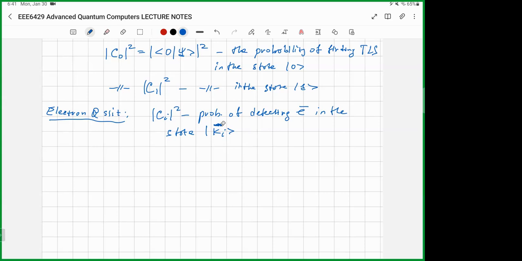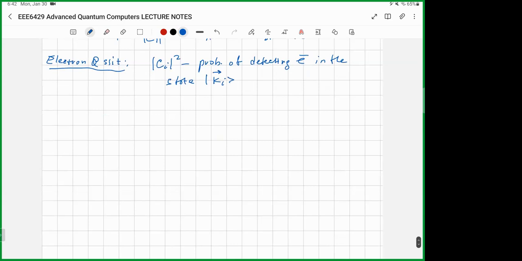So this Ki is a vector, wave vector, right? The wave vector contains information about the energy and direction. So for this story, it's important that the K vector gives you the direction.